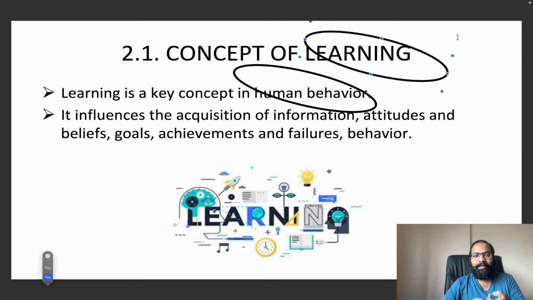Not only academic learning, but the things you learn from your experiences, from your friends, colleagues and neighbors, everything also comes under learning. If you learn something, definitely your behavior will change, and the learning will influence your attitudes, beliefs, goals, achievements, and everything.